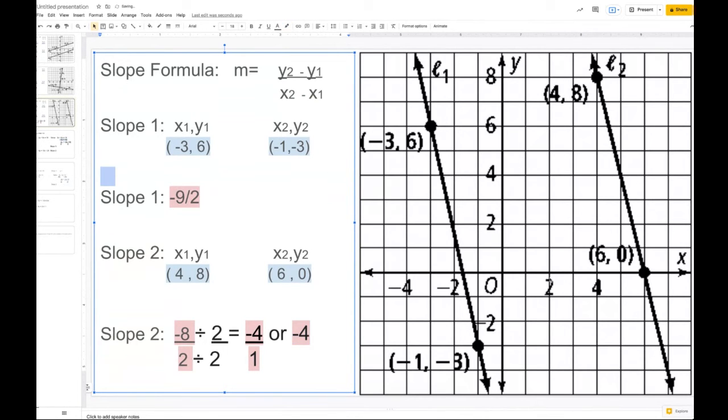And what do you think the answer is going to be? Okay, let's go to the poll again. Are they parallel? Are they perpendicular, or are they neither? Once again, focus only on the red. If you're getting confused with all this other stuff, just focus on this one here, 4/1.